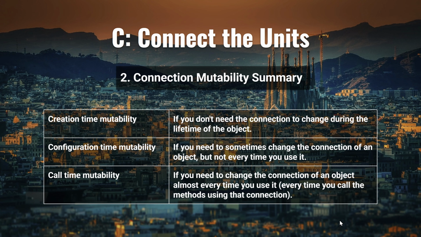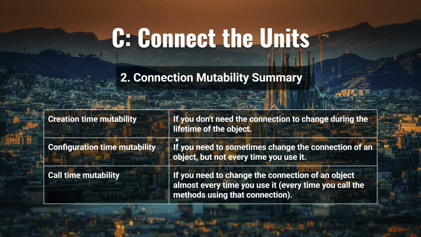When we look at dynamic or mutable connections, there are the three categories: creation time mutability, configuration time mutability, and call time mutability that we have already talked a little bit about. Creation time mutability is good if you don't need the connection to change during the lifetime of the object, but only you can assess whether that is the case or not.